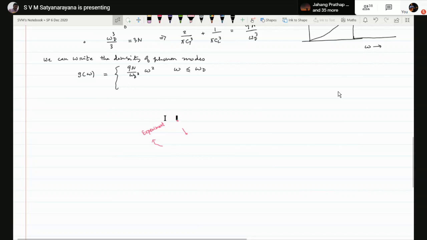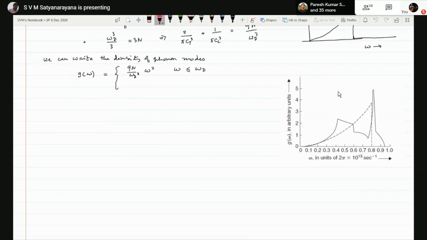So that is what I just wanted to show. Now we have this density of states.